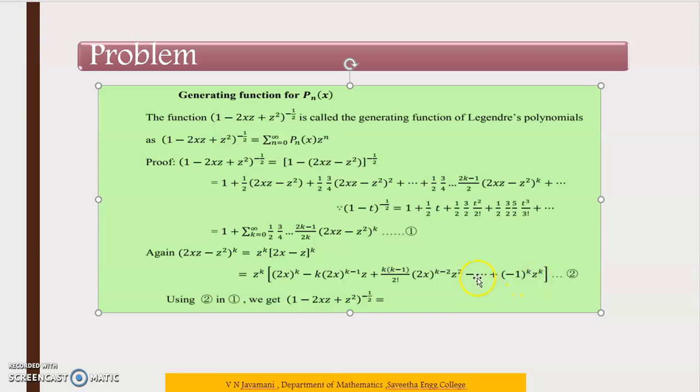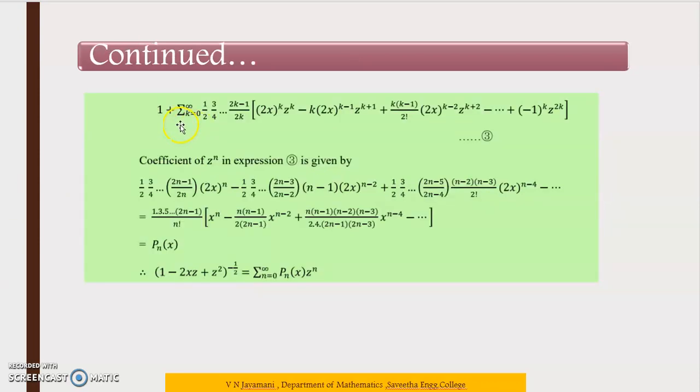Using this in equation number 1, instead of (2xz minus z squared) whole power k, we can substitute this term fully. Then we get the result 1 plus summation k equal to 0 to infinity (1 by 2)(3 by 4) etc. (2k minus 1) by 2k into this summation written fully here.